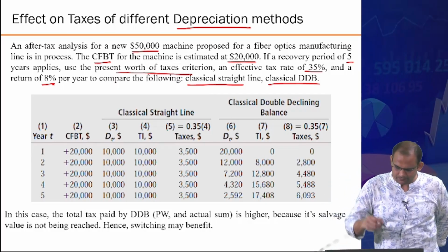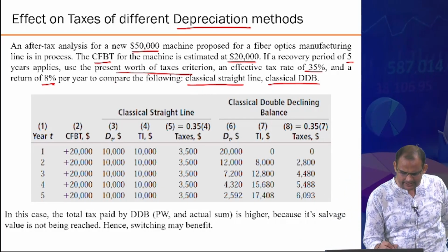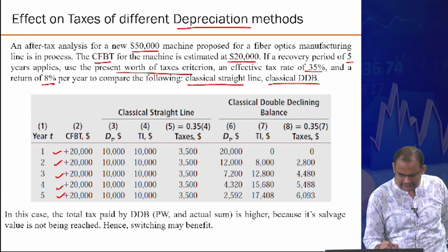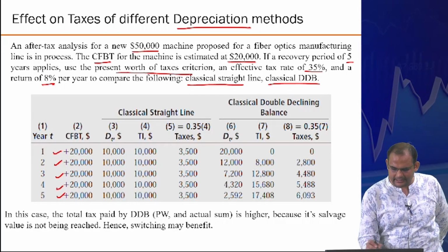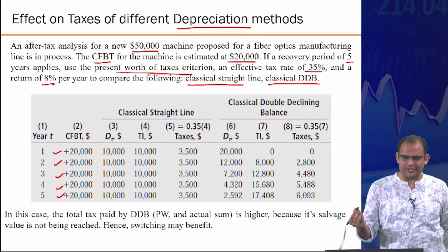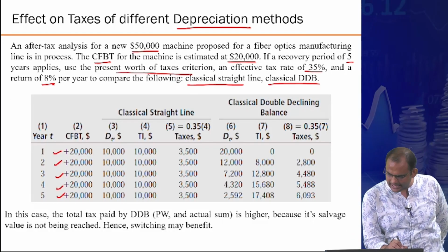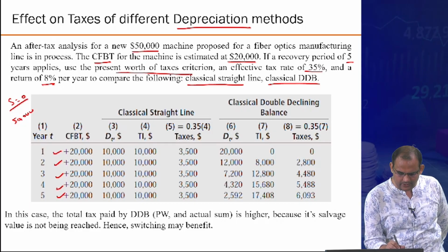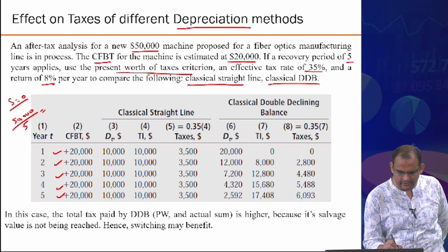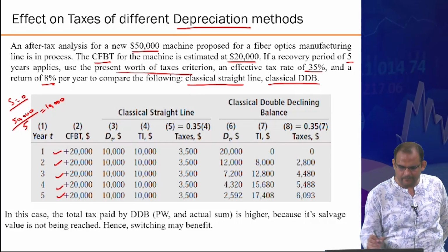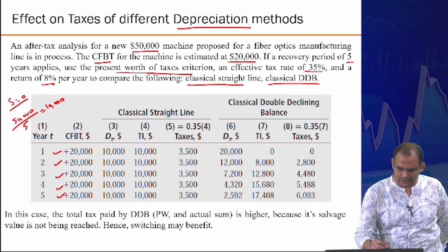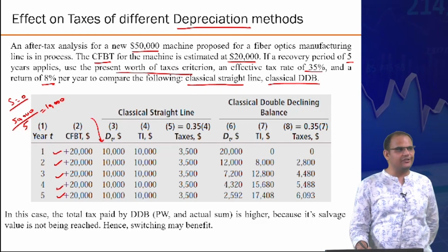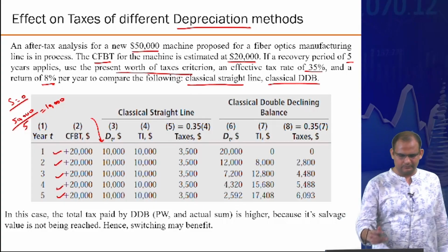So, cash flow before tax is $20,000 for each of the 5 years. In the classical straight line method, the depreciation amount is how much? Since salvage value is not given, you are assuming it to be 0. 50,000 divided by 5. So, the depreciation amount in each year using the straight line method is 10,000.